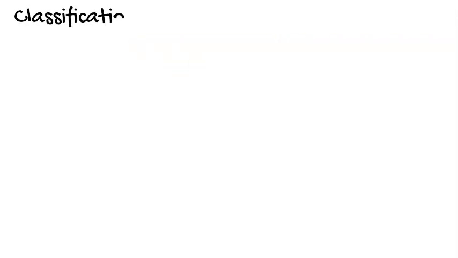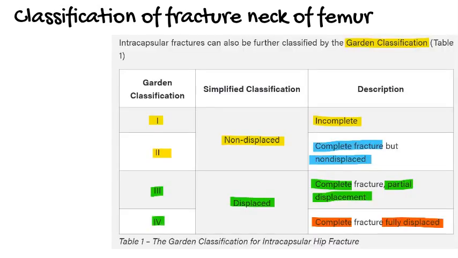Regarding classification of the fracture of neck of femur, I'm using Garden and Pauwels classification. So this table shows the intracapsular fracture classified by Garden. Type 1 and Type 2 are non-displaced, but Type 1 is an incomplete fracture.